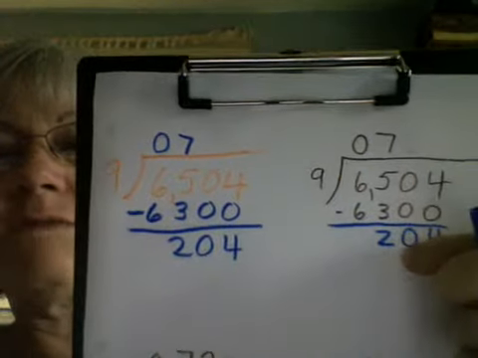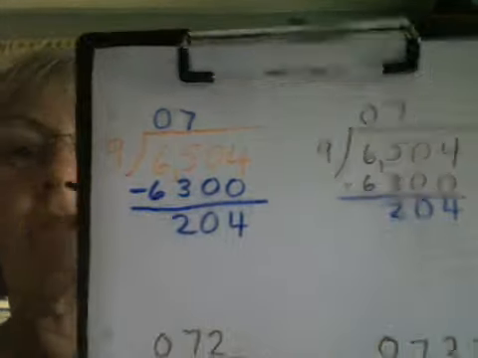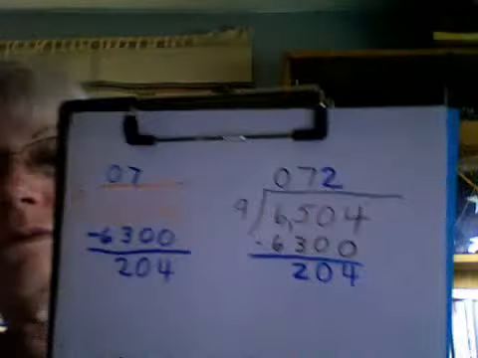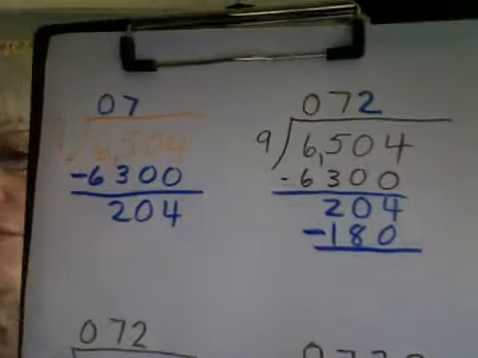We had some remaining from when we subtracted. And I know that 20 groups of 9, I'm saying 20 because I put that 2 into the tens place because that's where we're working next, is 180. When we subtract, we're left with 24.